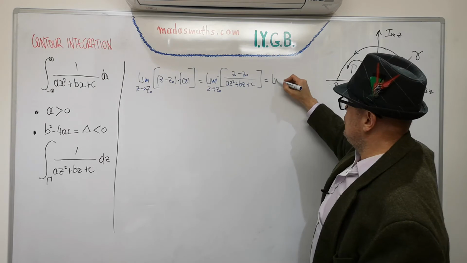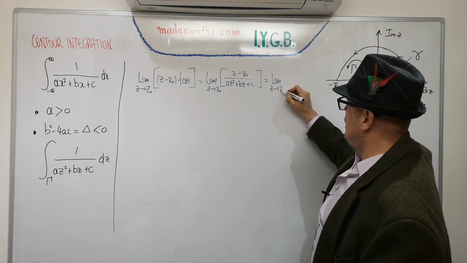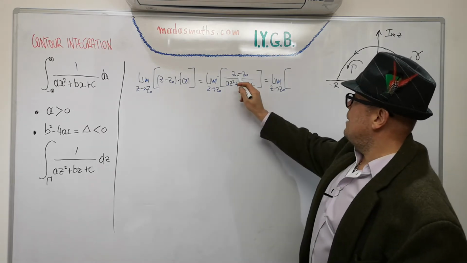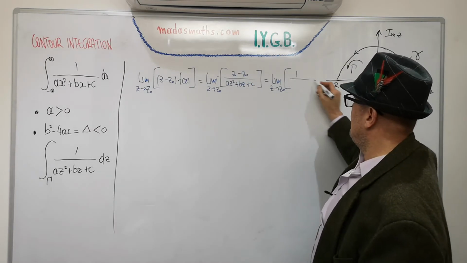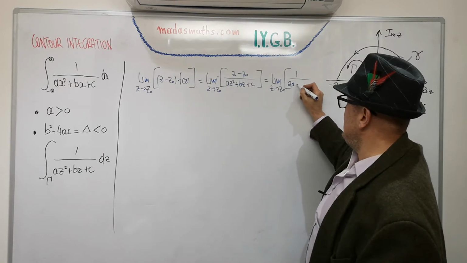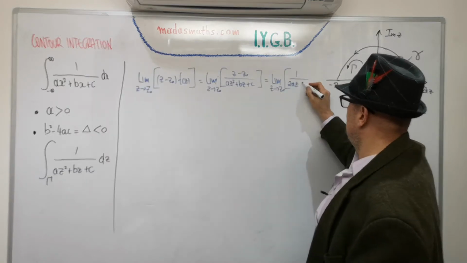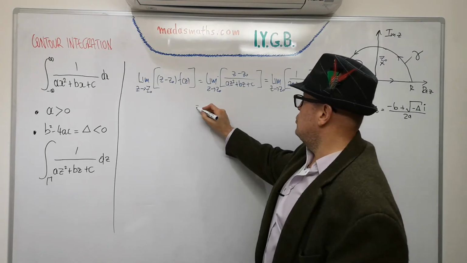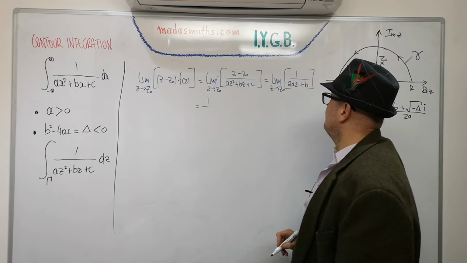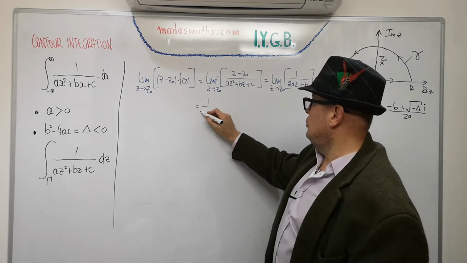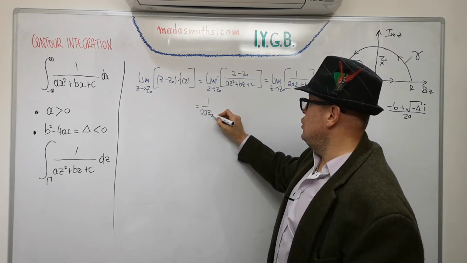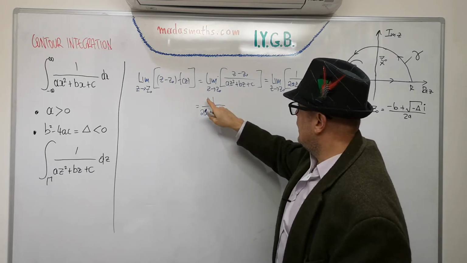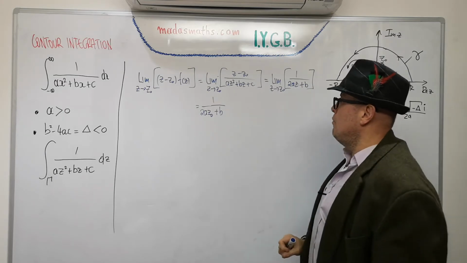So this is equal to the limit as z tends to z0, and if I differentiate top and bottom with respect to z, I get 1, and I get 2az plus b. Now I need to take the limit, so that's going to be equal to 1 over 2az0 plus b.